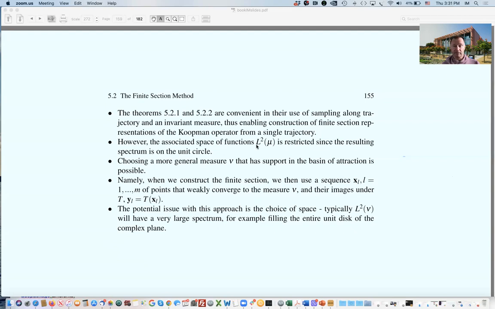So that's the ideal way of doing things: theoretically we proved that, while it would be possible to find these coefficients using some invariant measure computation, you don't really need to do that. You can just use sampling.